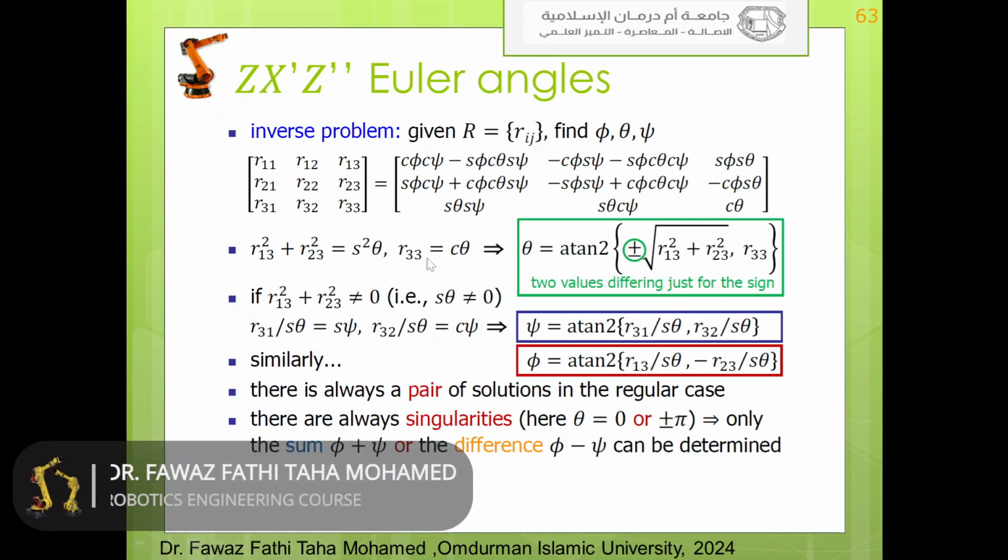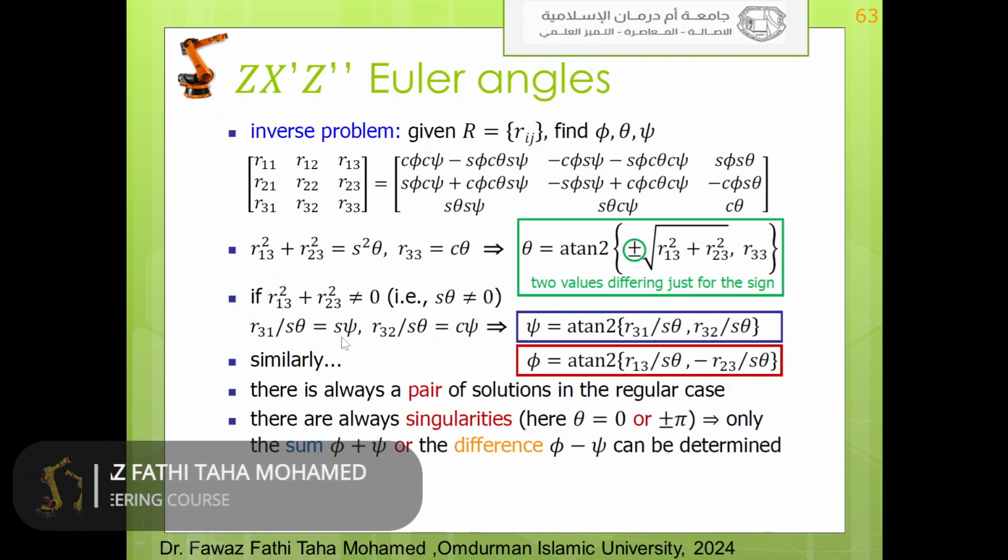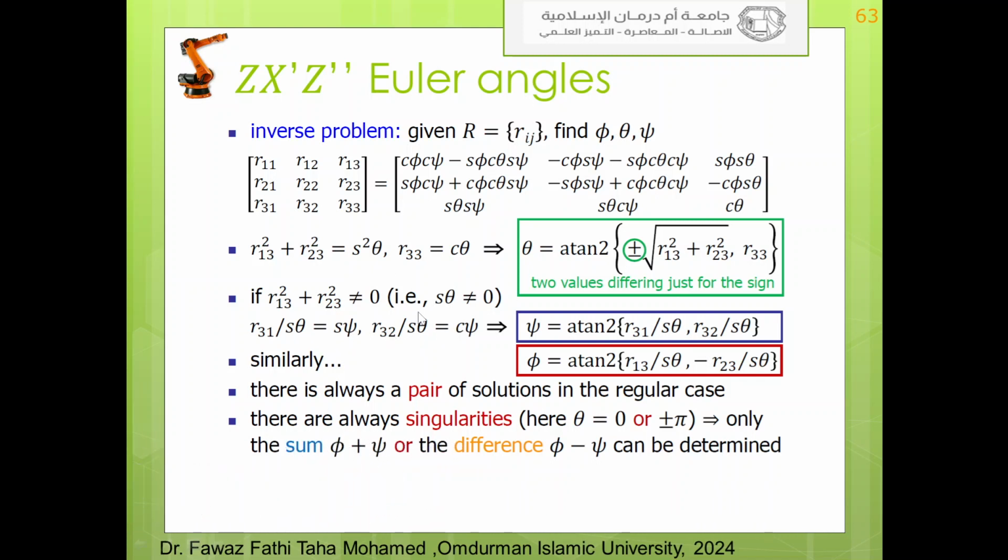R31 over sine theta equals sine of psi, and here we can get the cosine of psi, so psi equals atan2 of sine psi over cosine psi.